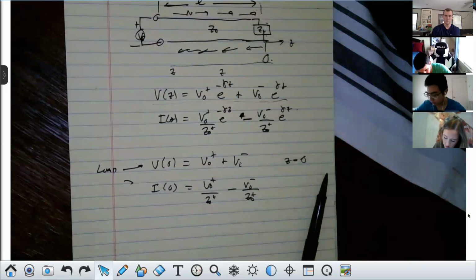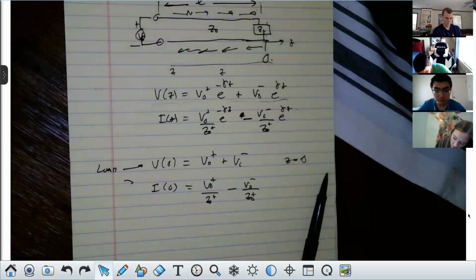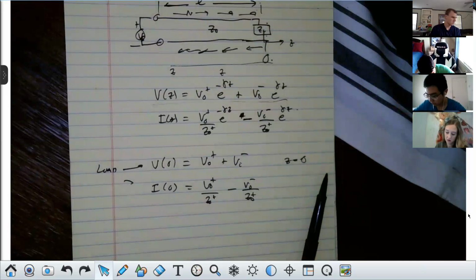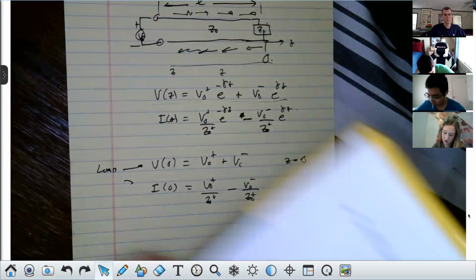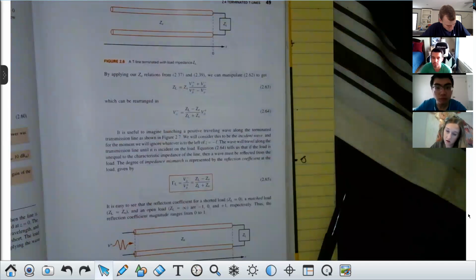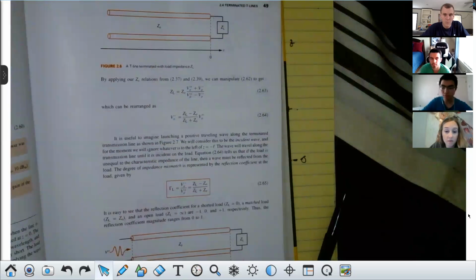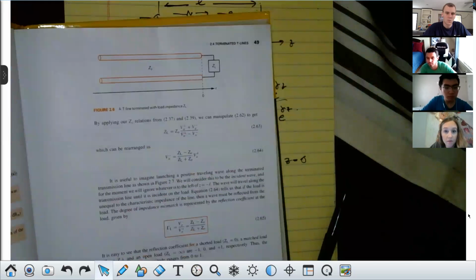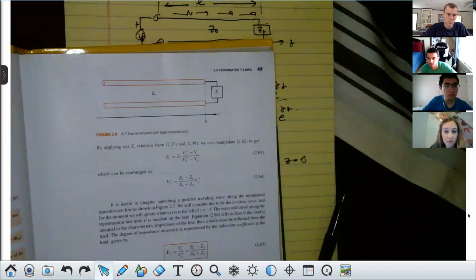And in your books, if you want a picture of it, this is on page 49 if you have your books. It's just this, is what I'm showing you.